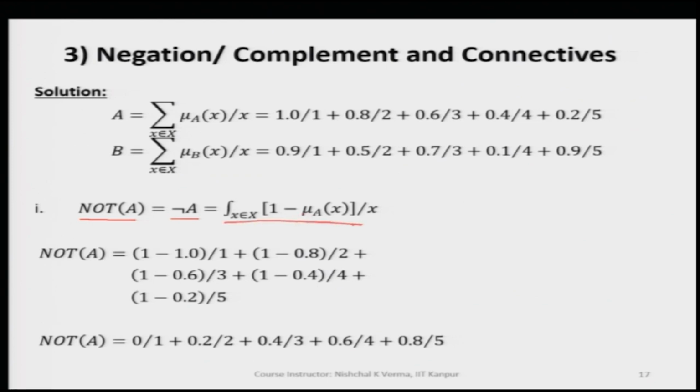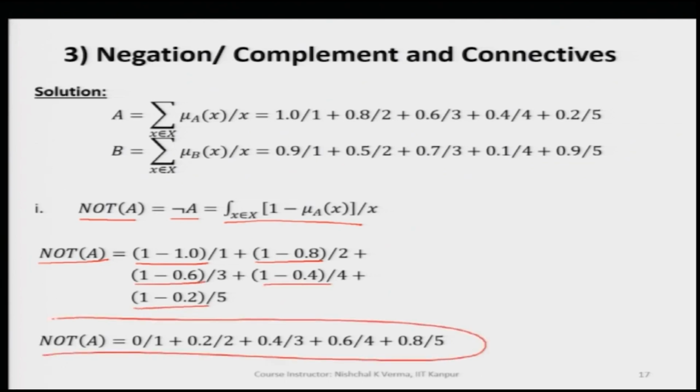So, when we do that, we get not A like this, meaning we are negating all these corresponding membership values, and this comes out to be this. So, a new fuzzy set not A, given A, is this. This way we find not A very quickly, very easily.